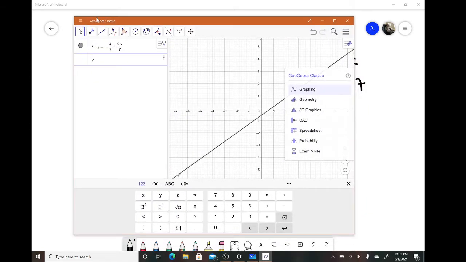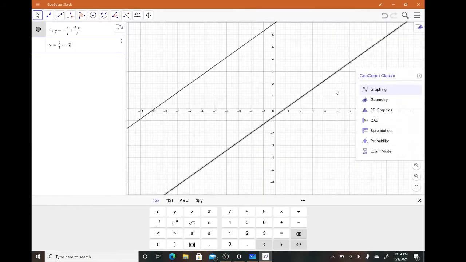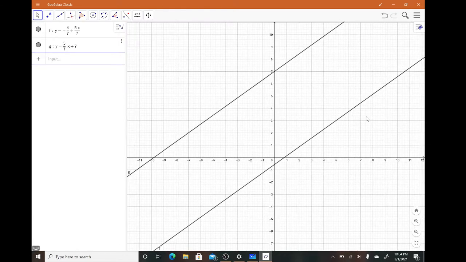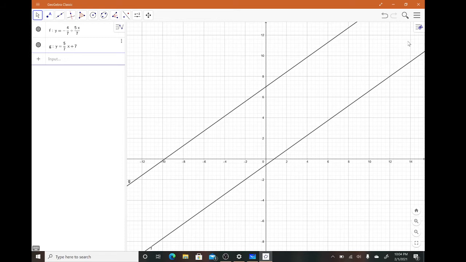So we have y equals 5 over 7x plus 7. So notice that these two lines are indeed parallel to one another. They extend indefinitely, they never cross each other, and they are in fact parallel. So our problem is correct.